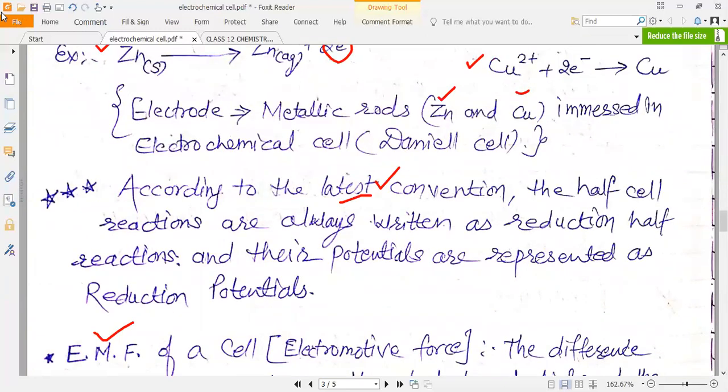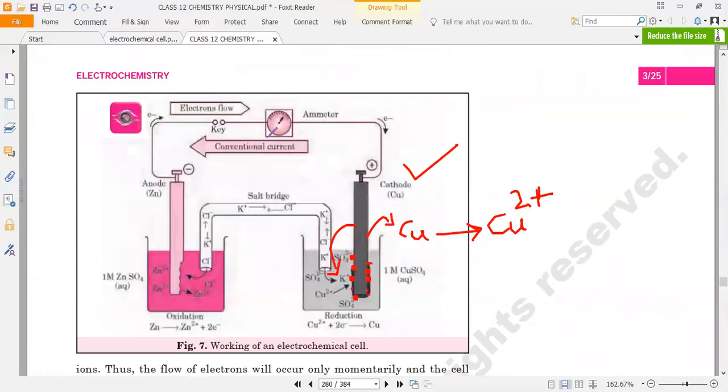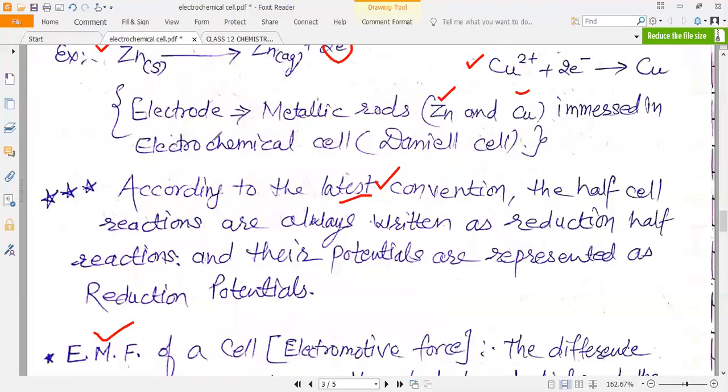We know very well, in the electrochemical cell there are two portions, left hand side and right hand side, and here there will be some electric potential, here will be some electric potential, and the difference between the two electrode potentials is called EMF of the cell.